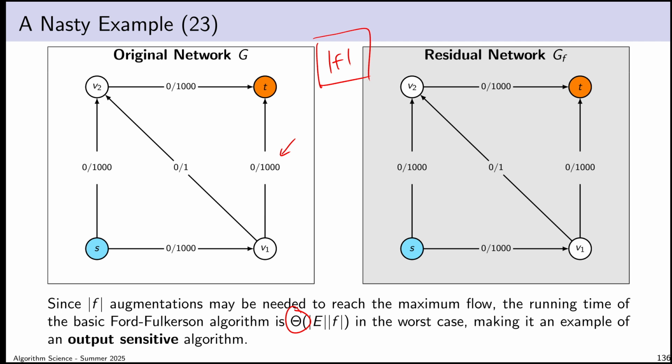Therefore I will never need any more than this number of steps, because the minimum progress I can make is to push one unit of flow. I just showed my worst case example where I actually attained that minimum, but it can't get any worse than that. So the running time ends up being the number of edges times the value of the maximum flow, which is sort of unique.